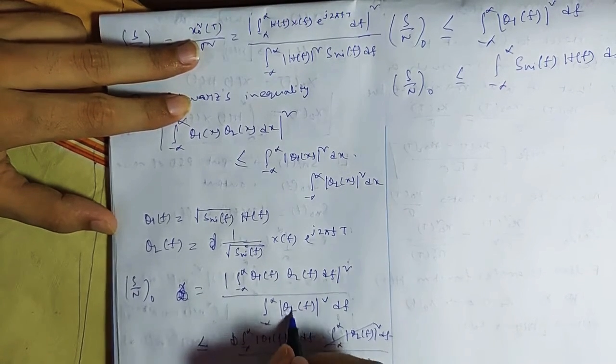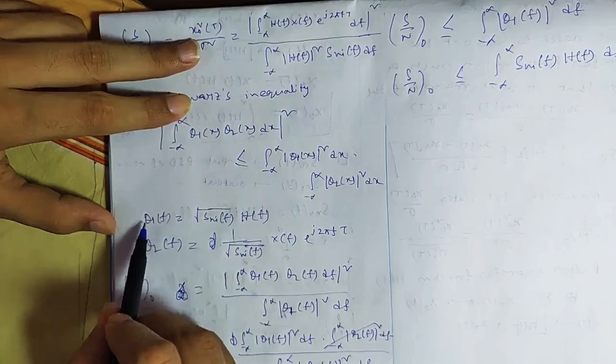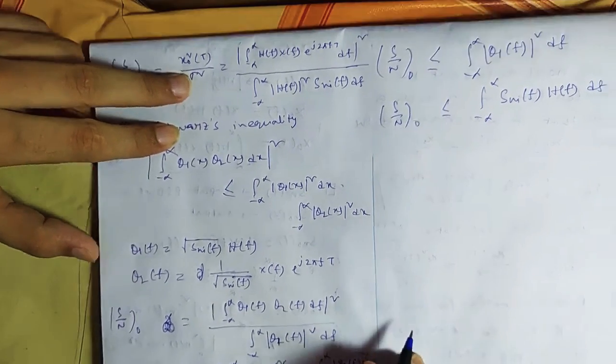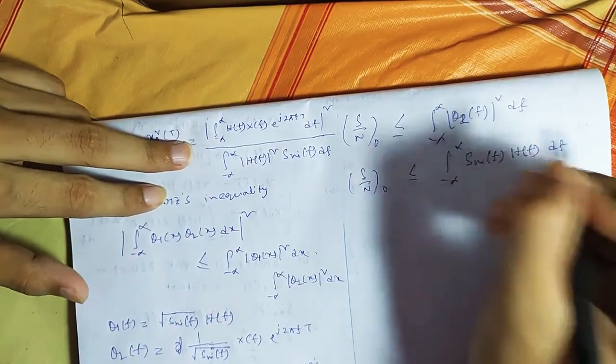It should be theta 1, because theta 1 is this part, and the remaining part should be theta 2.